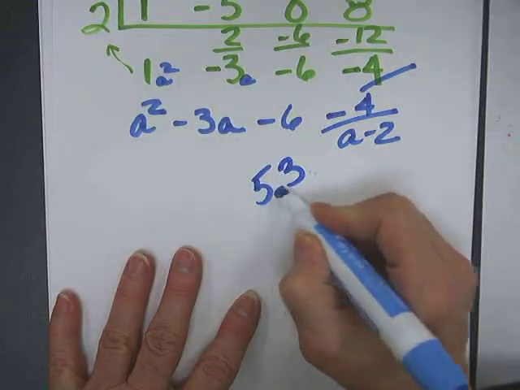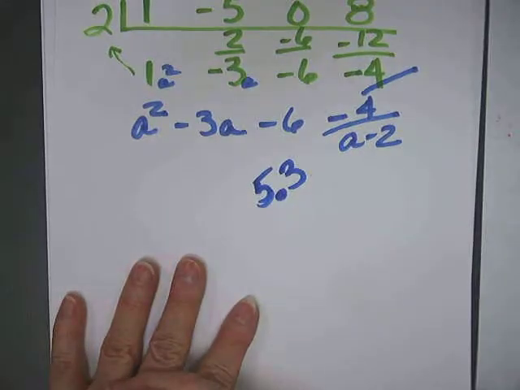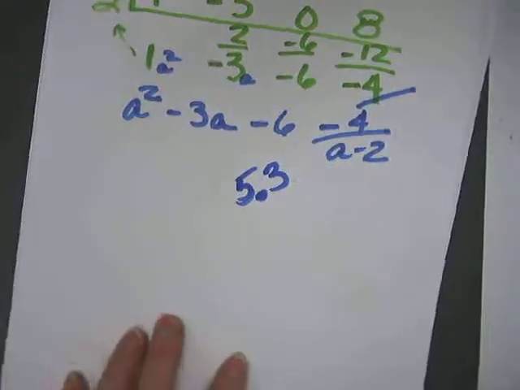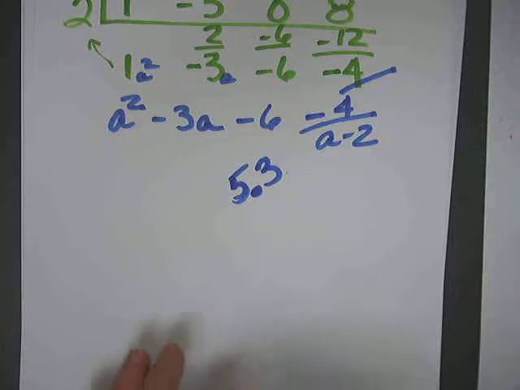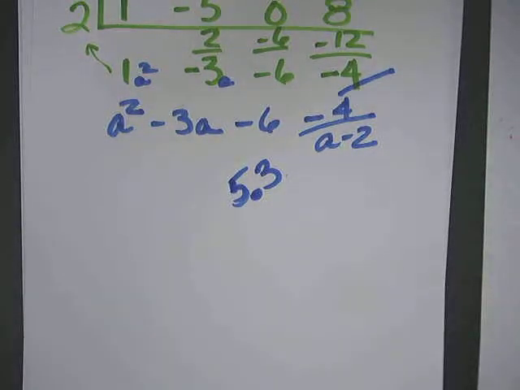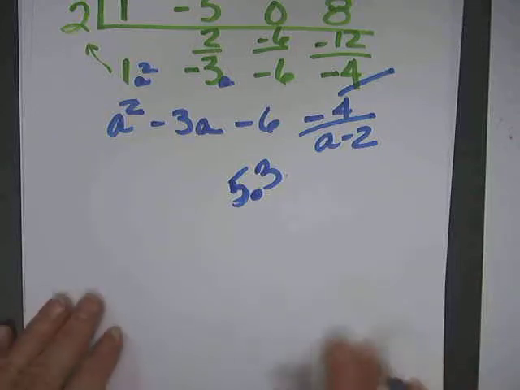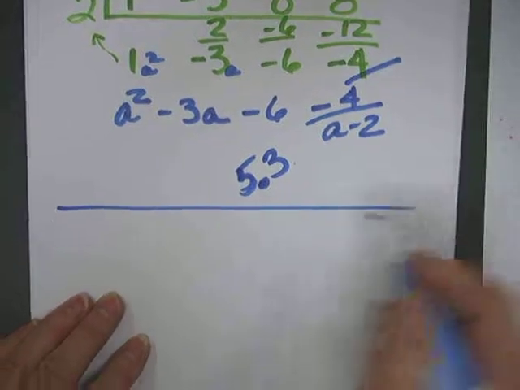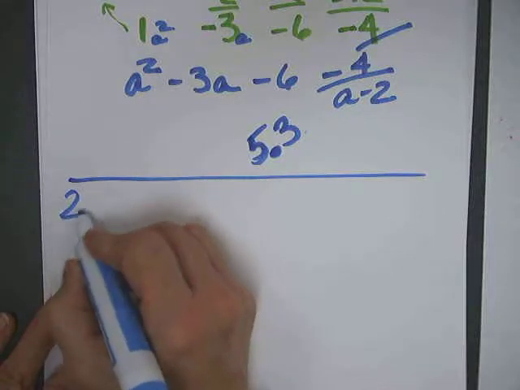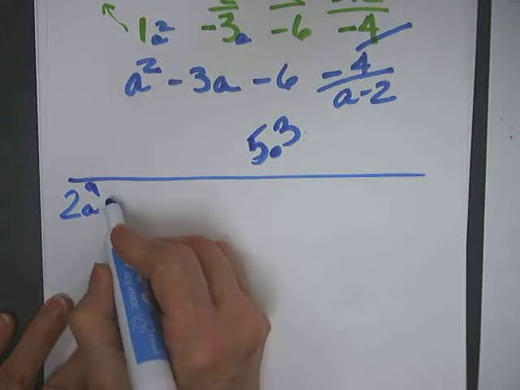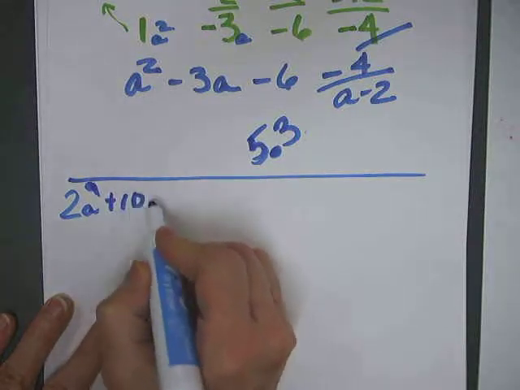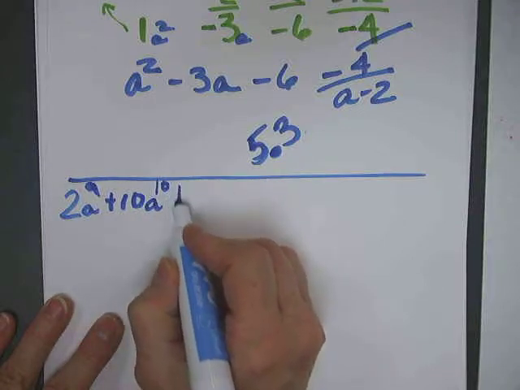Negative 3. Multiply it times this. Negative 6. Add that, you get negative 6, right? 0 plus negative 6. Negative 12. Multiply this times this, negative 12. Add that. Negative 4.